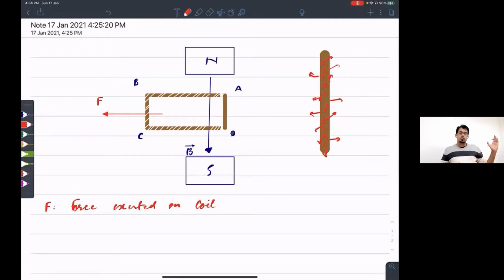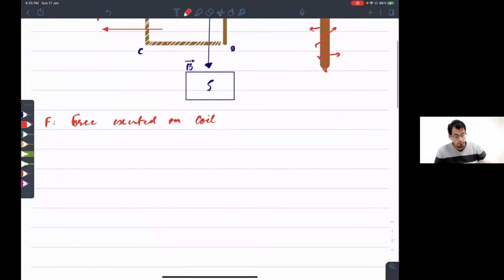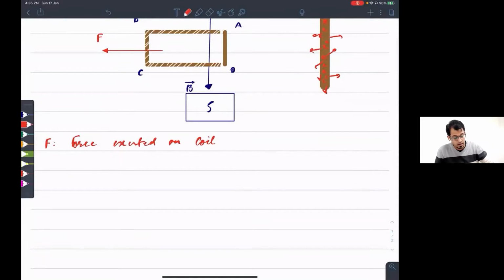Now, when all electrons are moving horizontally, remember, when the magnetic field sees charges moving in the magnetic field, it exerts force on the moving charges. So a force is generated, which is denoted by FB.